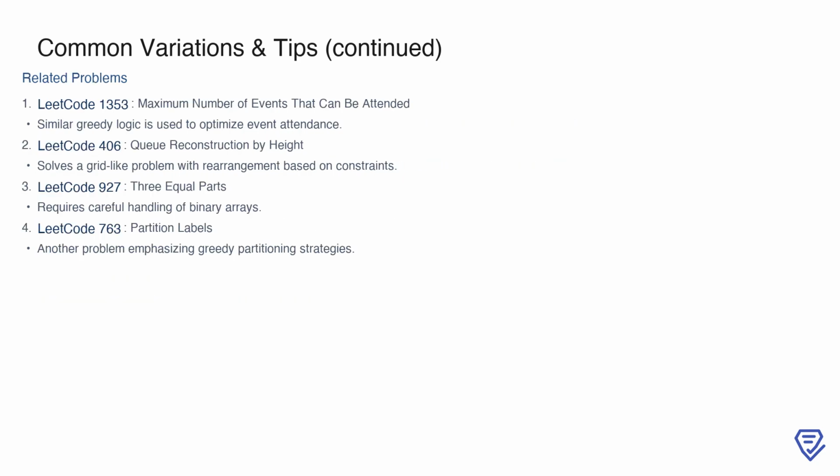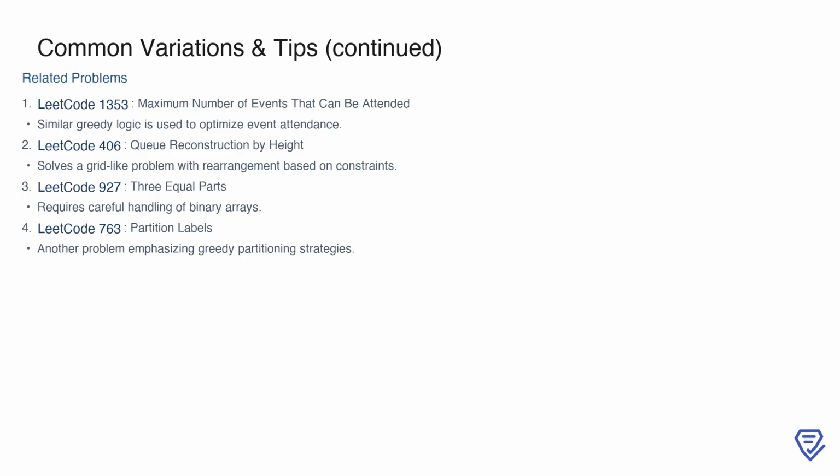This problem shares similarities with several other challenges on LeetCode, making it a good opportunity to practice related concepts. For instance, in problem 1353, Maximum Number of Events That Can Be Attended, you also use greedy logic to optimize outcomes. Problem 406, Queue Reconstruction by Height, involves rearranging elements within a grid-like structure based on specific constraints, which is conceptually similar.